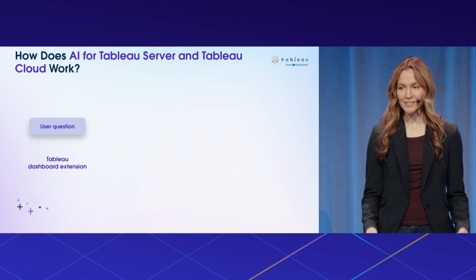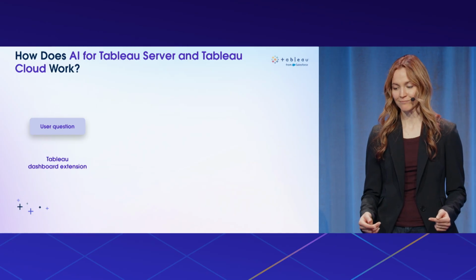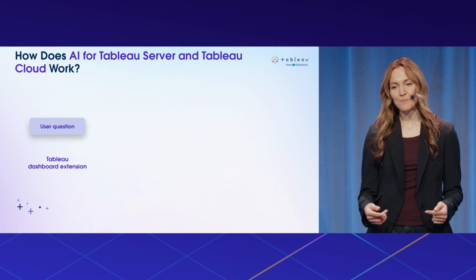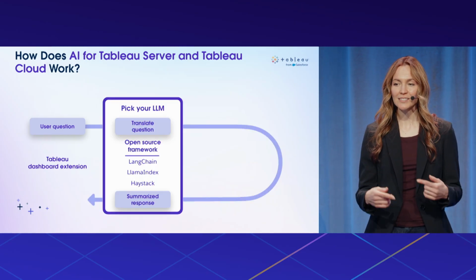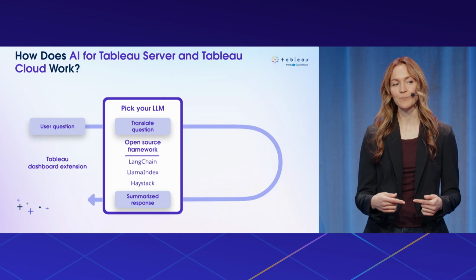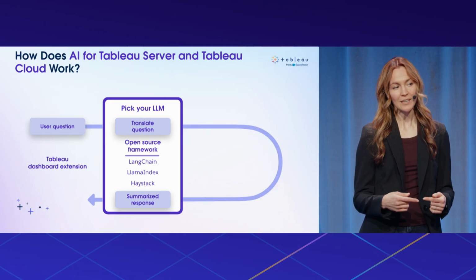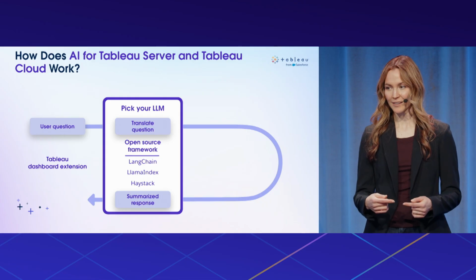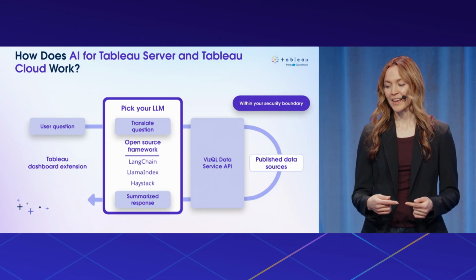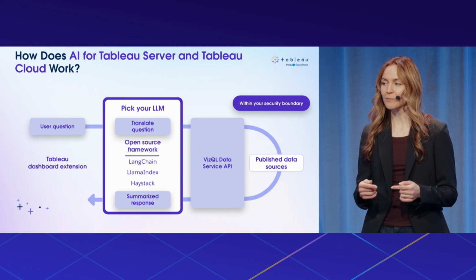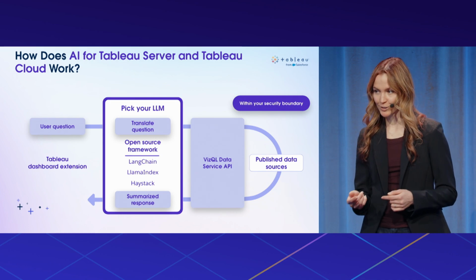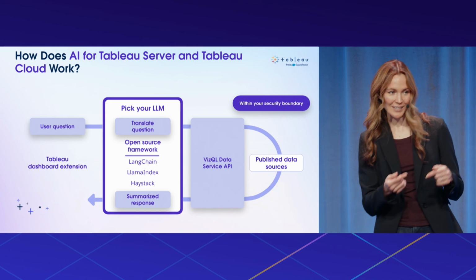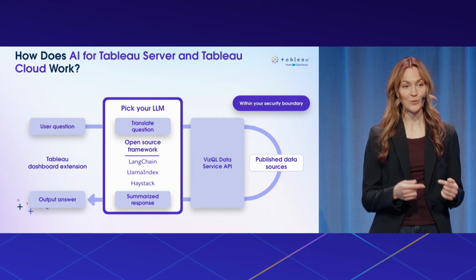When the user asks a question in natural language, the LLM makes a tool call and translates this question into a tool call. Then the Tableau MCP translates that into the right type of API to answer our question. And we send this to a published data source in Tableau Server or Tableau Cloud. And then we get an answer back in natural language that we can understand.